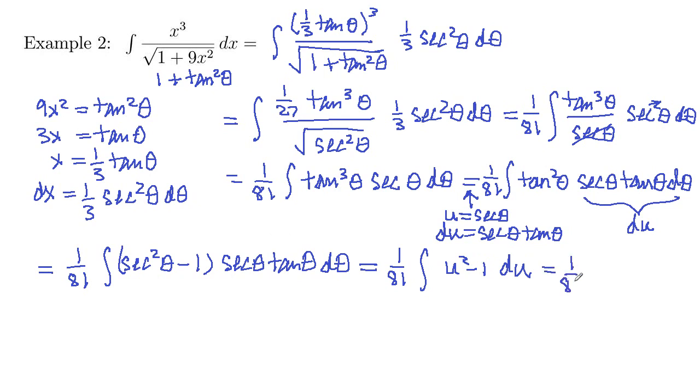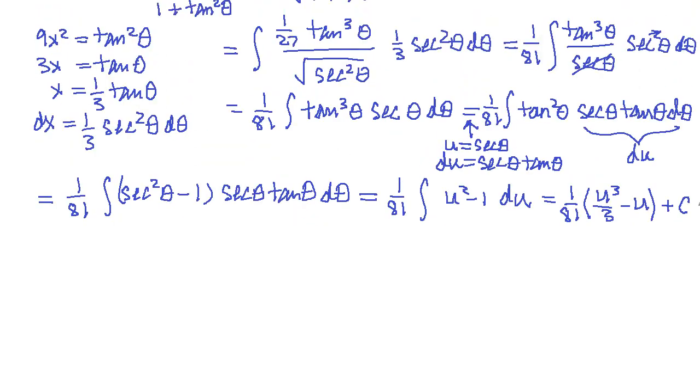Just using the power rule here, the antiderivative of u squared will be u cubed over 3, minus the antiderivative of 1, which is u, and then plus a constant. So we got our antiderivative. Now we need to change back to secants, and then we need to change back to x's, so we've got to reverse two substitutions.